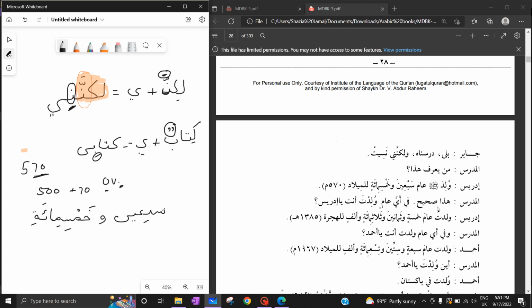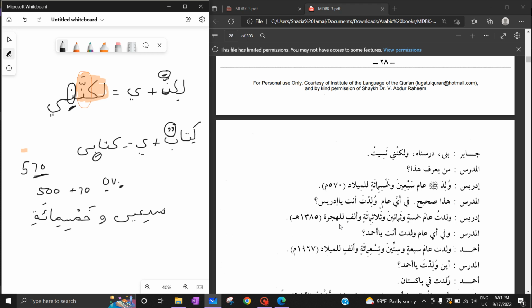Mudarris says haza sahih, means this is correct. Fi ayyi amin, mudaf ilayhi structure, and this dawatul istifham takes all the kasras. Wulidta anta ya Idris. Now the teacher is asking the student Idris about his birth year, but I don't know why in this lesson it's 1385 and the next is 1967.